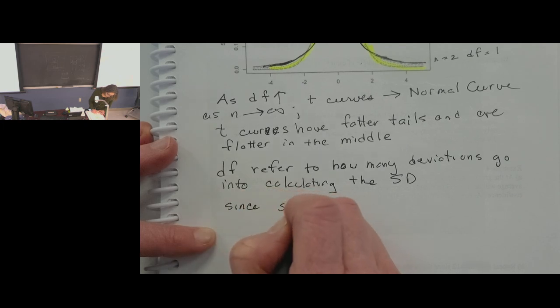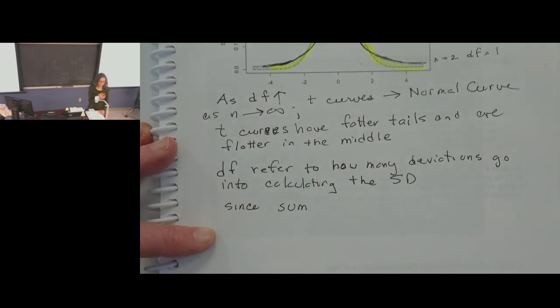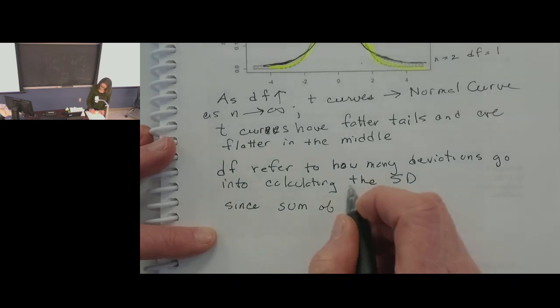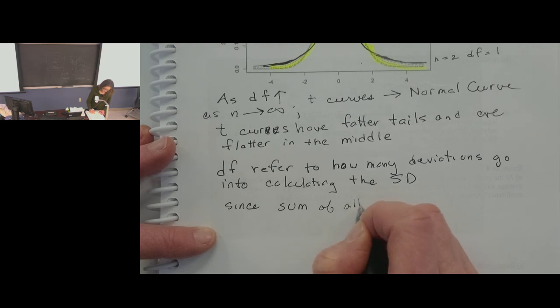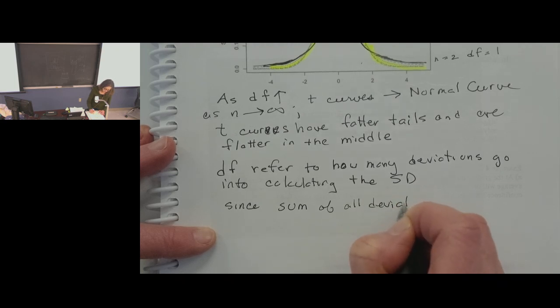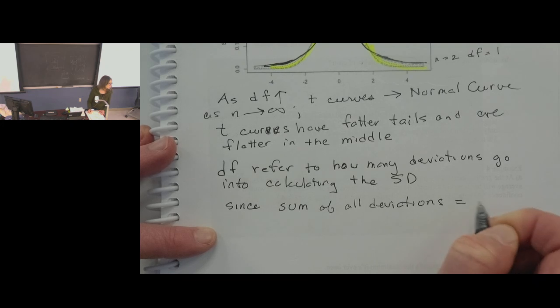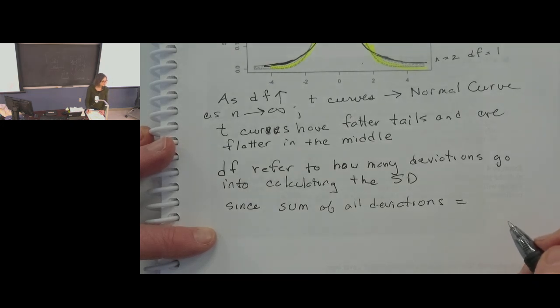Do you remember, do you know what the sum of all the deviations is? If we sum up all the deviations before we take the absolute value or before we square them, you know this, right, it's equal to what? Some of them are positive, some are negative.